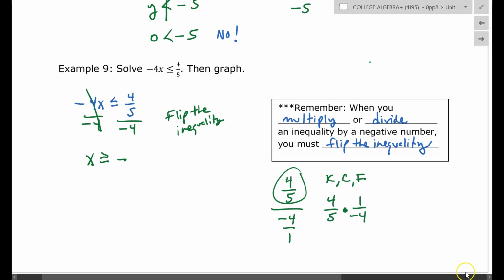So what happens? Careful, where's the 5? It's negative 1/5, not 5. 5's on the bottom. So these cancel, and you have negative 1/5.